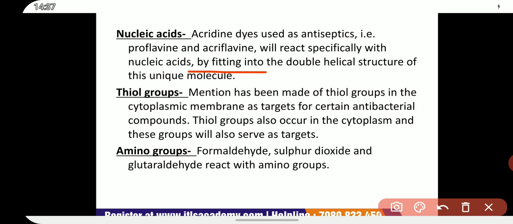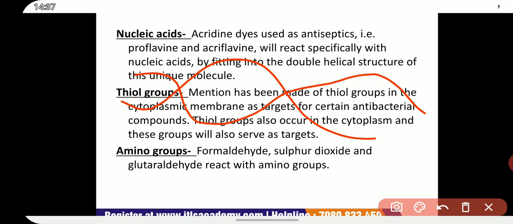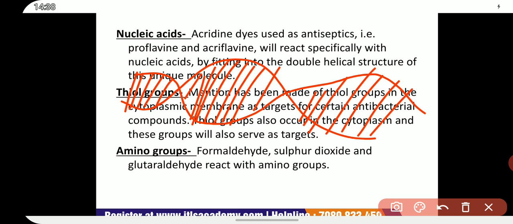by fitting into the double helical structure of this unique molecule. These antibiotics disrupt the structure and function of the DNA by fitting into the double helical structure of the molecule. As we know, there is a lot of gap present between bases of the double helical DNA.